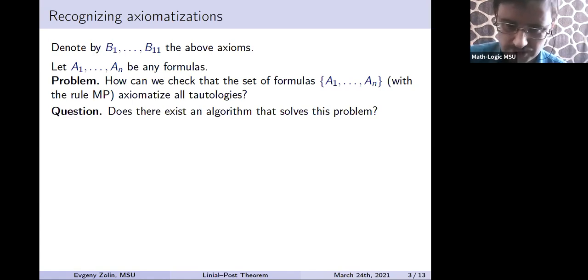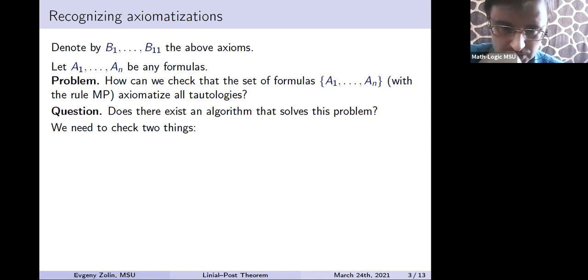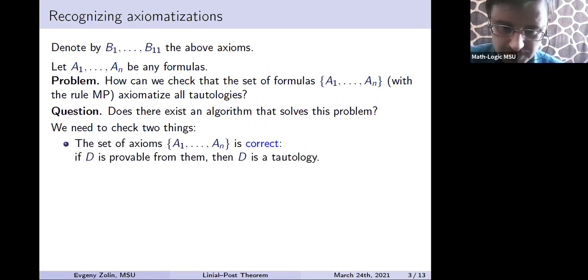Intuitively, this algorithm will do two things. Firstly, it checks correctness, that we can derive only tautologies. For this, it is necessary and sufficient to check that our formulas A1, ..., AN are tautologies.